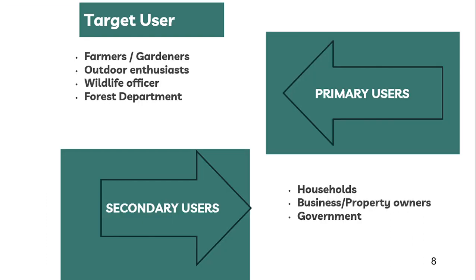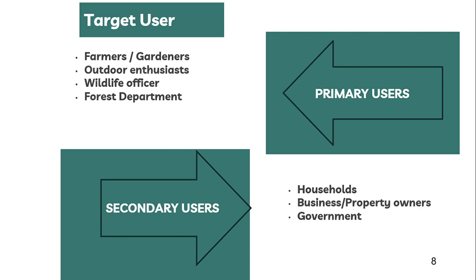Now these are our target users. We have identified many target users. Farmers are our primary target users, and also outdoor enthusiasts. Sometimes people going inside the forest for hiking may be attacked by animals, so our product can, in some cases, save the lives of people going for hiking.